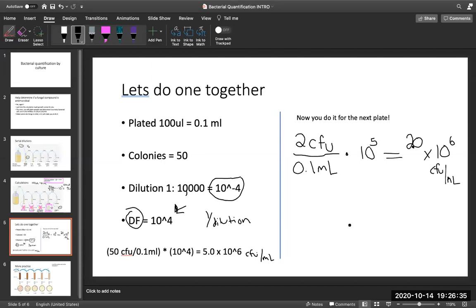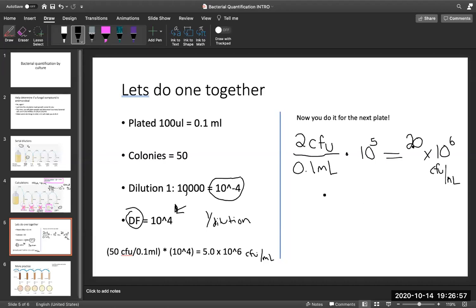So whenever you're asked a question like this, you're given either a plate to count, or you're told the amount of colonies, you would need to show this work. You need to show the CFUs, the mils plated, the dilution factor, and then the full answer, CFUs per mil.